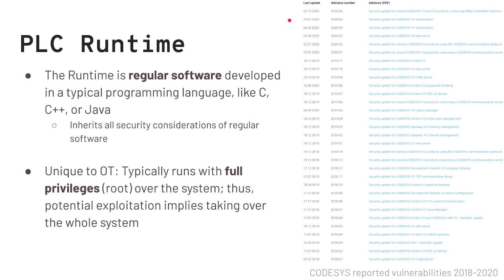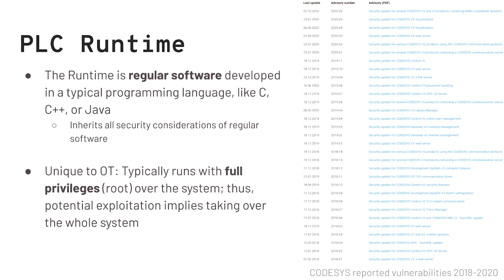And let me make a note that this doesn't mean that Codesys is a bad framework or bad software. It's good that the framework developer is publishing advisories regularly. That means, because no software is perfect, if they had 0 security updates, that would be more sketchy in a way. So the fact that they discover this and they fix them means that they're doing the right process.